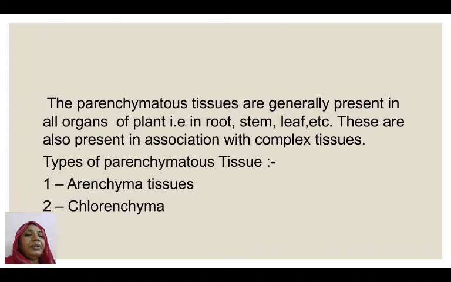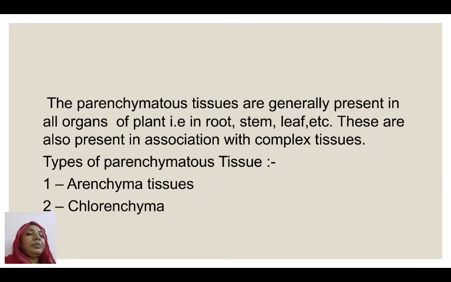Parenchymatous tissues are generally present in each and every part of the plant body, right from the root up to the apex of the plant. They are found in roots, stem, leaf, flowers, fruits, etc. They are also found in association with complex tissue, like xylem parenchyma.